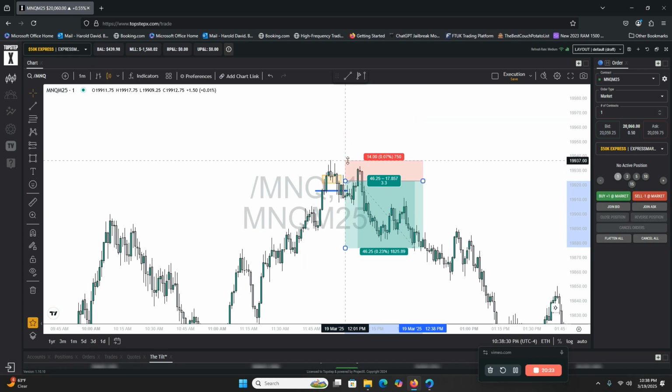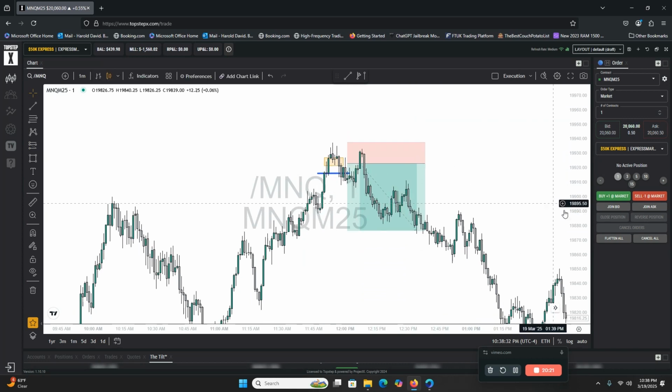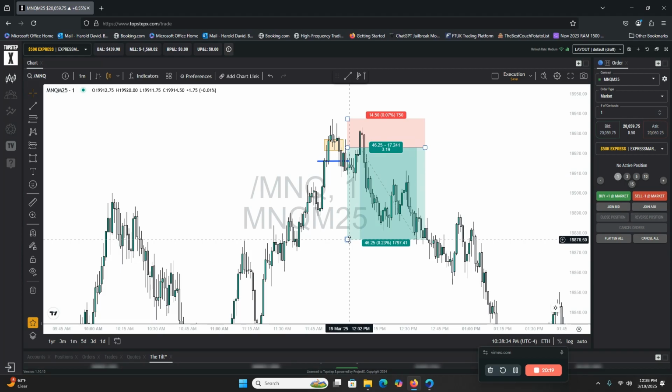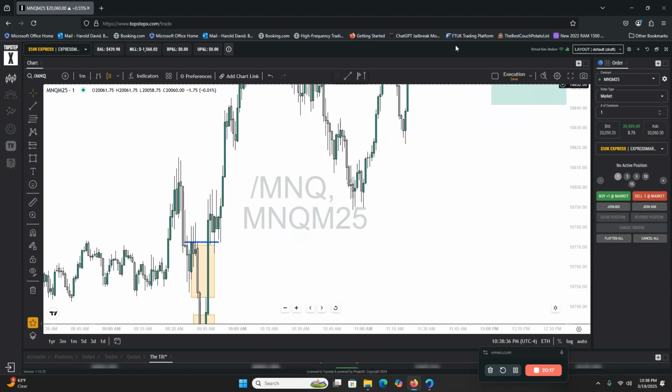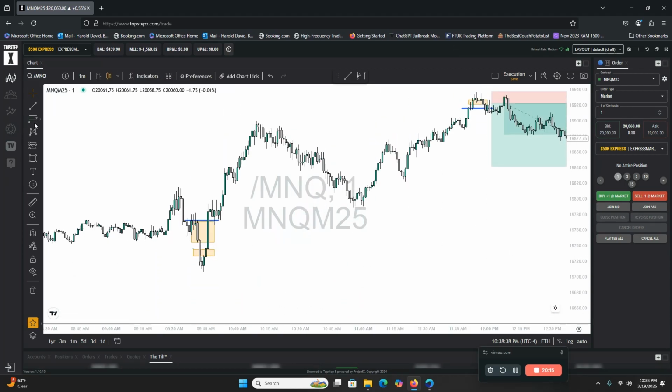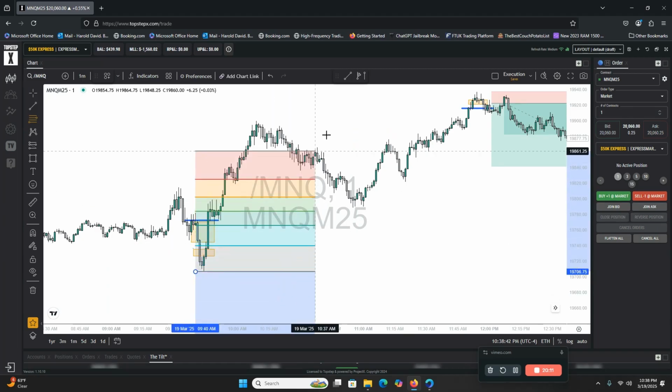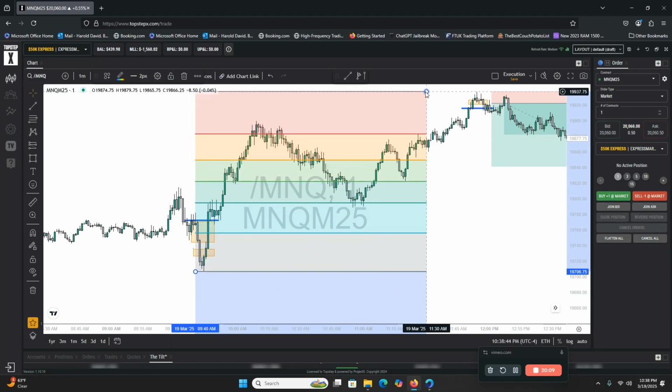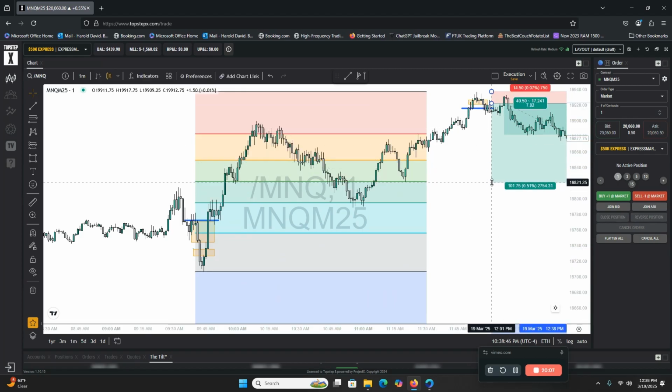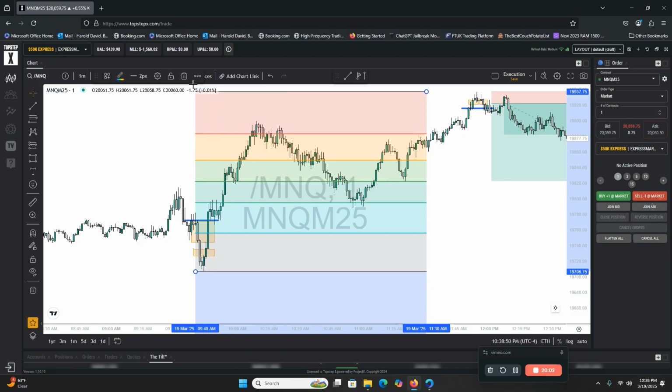Put my stop at the swing high. And I'm looking for half of the range essentially from 9:30 a.m. So if we get our fib retracement, here was the low of the range all the way to the high. I'm going to aim for at least half right there, so roughly around 100 points. Let's get that off.